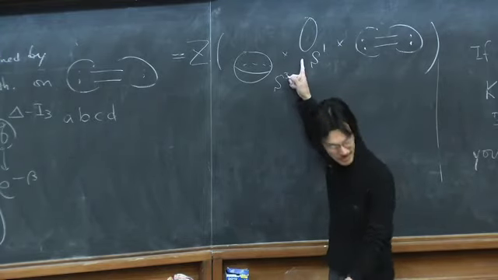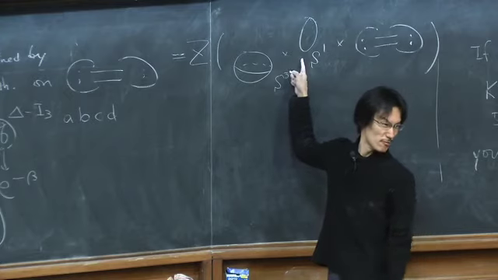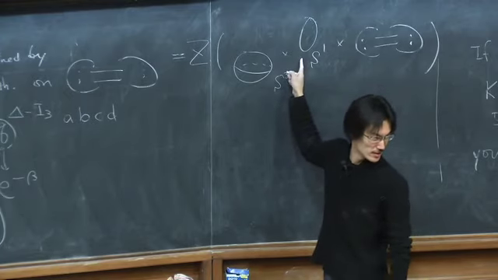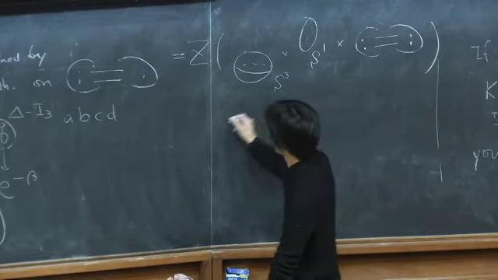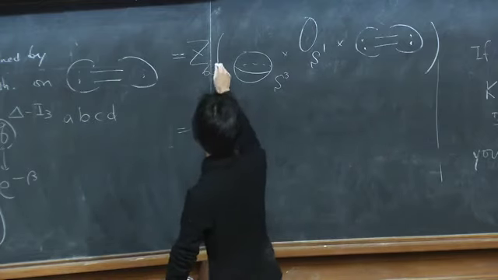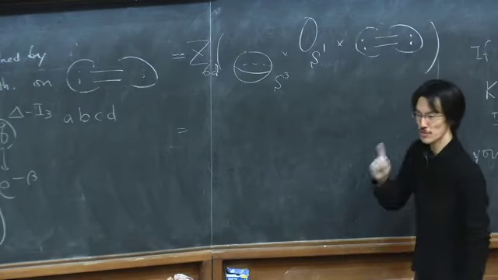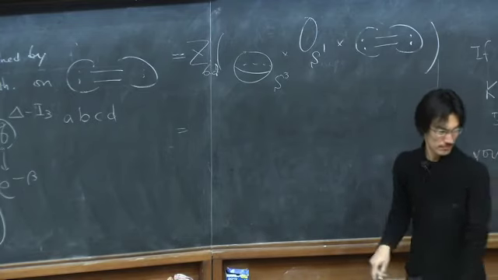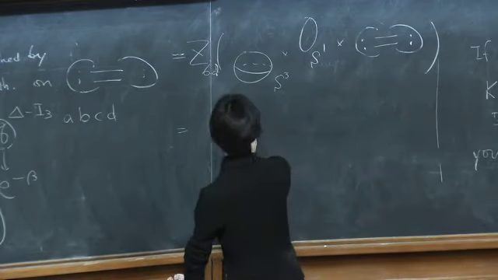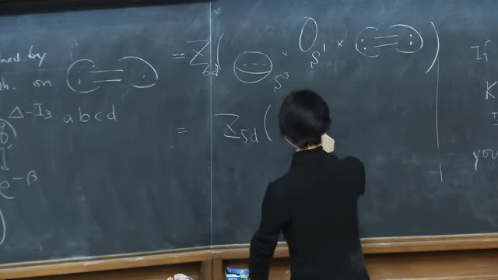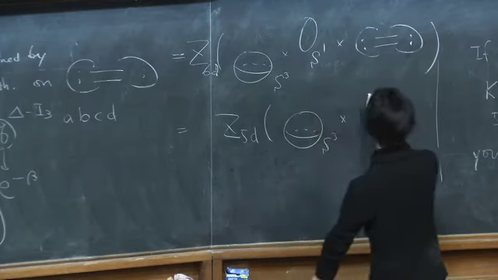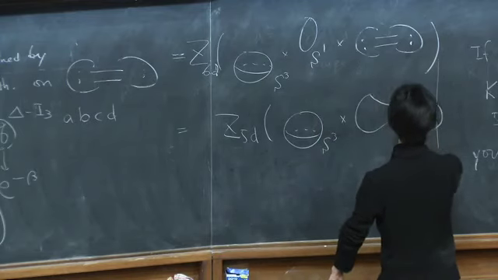Now, you realize that there is an S1, which proves to be very useful. Here we invoke the fact that the 6D theory on S1 is equal to the 5D theory. So you get 5D theory on S3 times this Riemann surface.